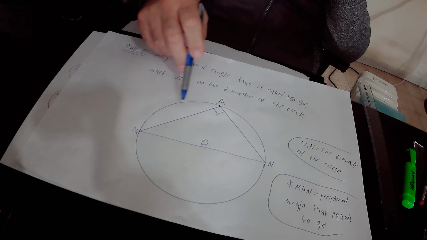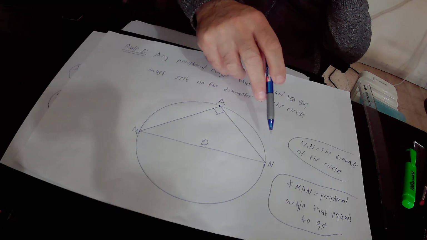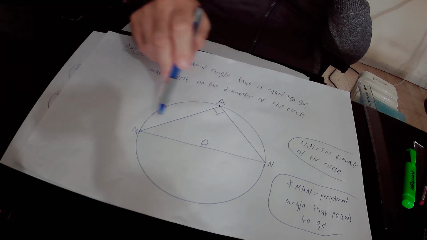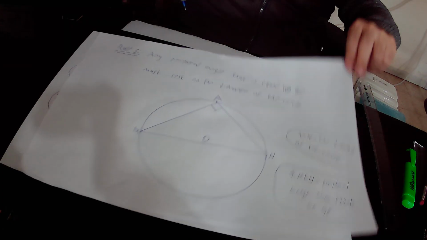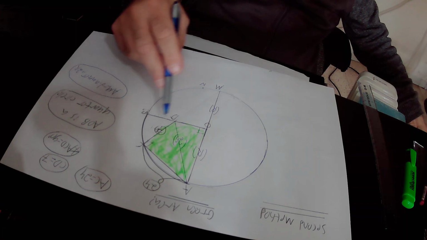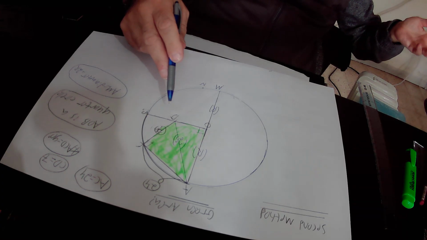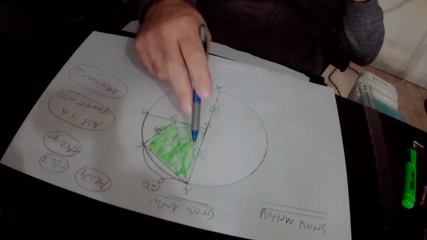Here peripheral angle MAN equals 90 degrees and it rests on MN, that is the diameter of this circle. And therefore this peripheral angle ACN that also equals 90 degrees must rest on the diameter and not on AN, that is not the diameter of the circle.